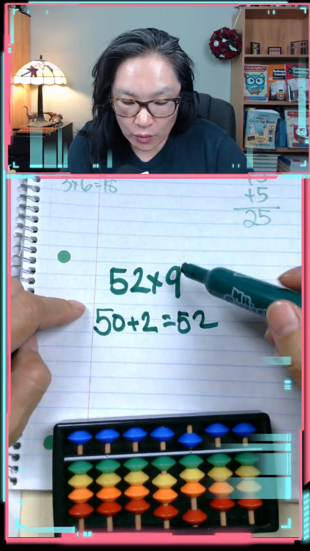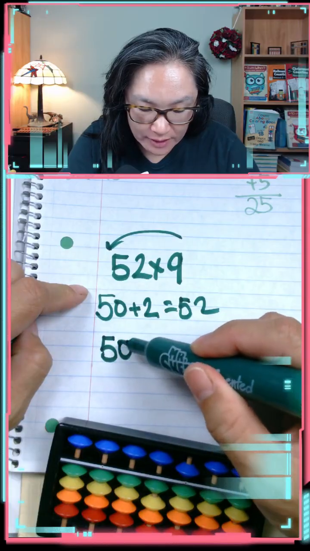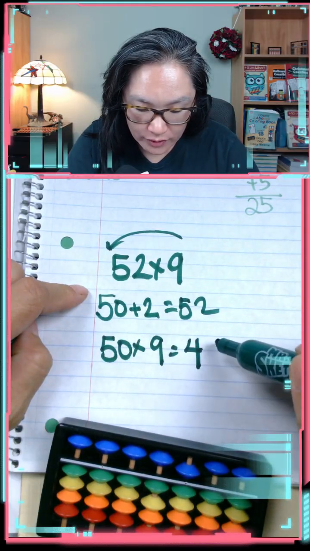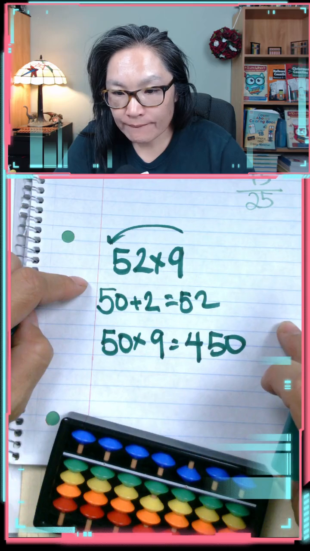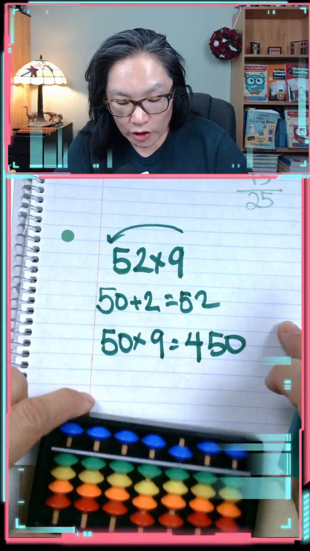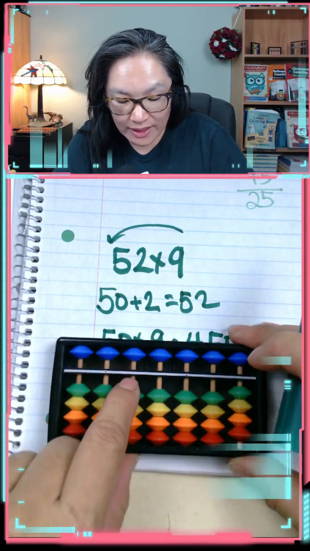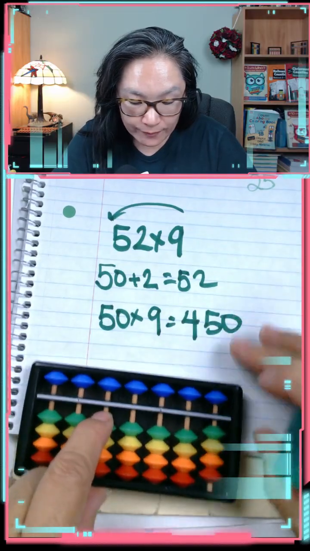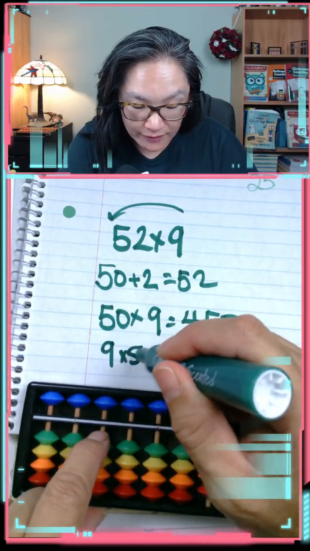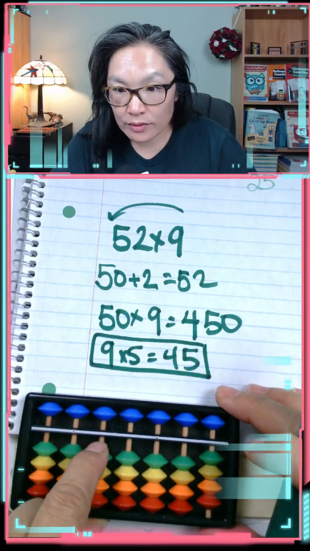So when we're looking at it, 9 times 50, it's actually 50 times 9 is 450. Yeah, I understand. So when you're looking, I don't have to pay attention to the place. I don't have to pay attention to the 450. I just have to pay attention to 9 times 5, which is equal to 45, right? Because this is our multiplication table.